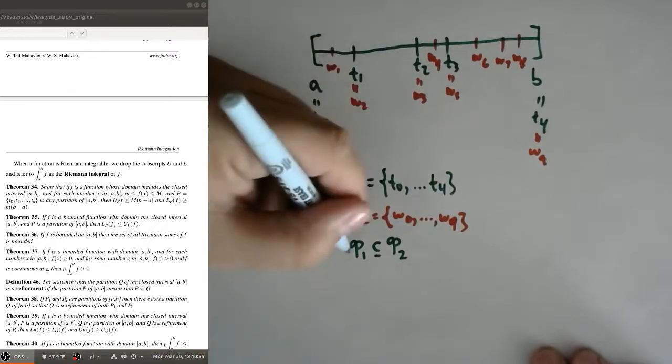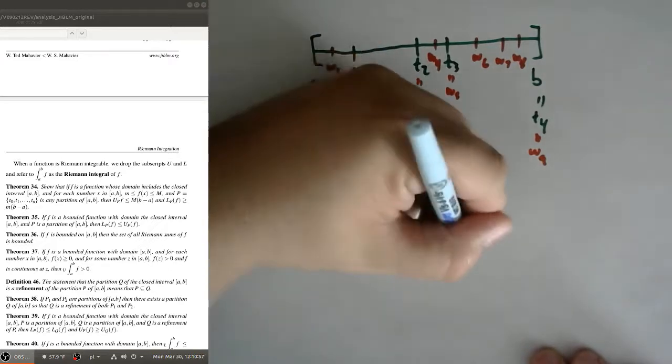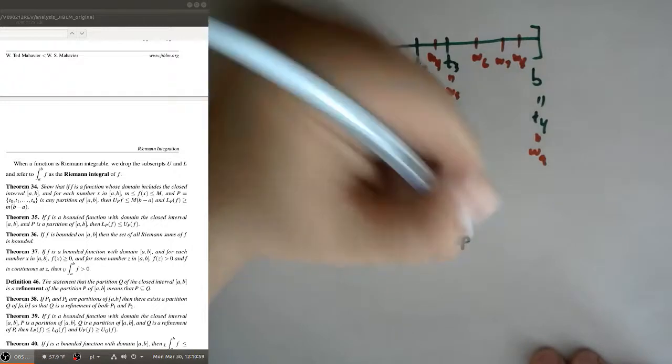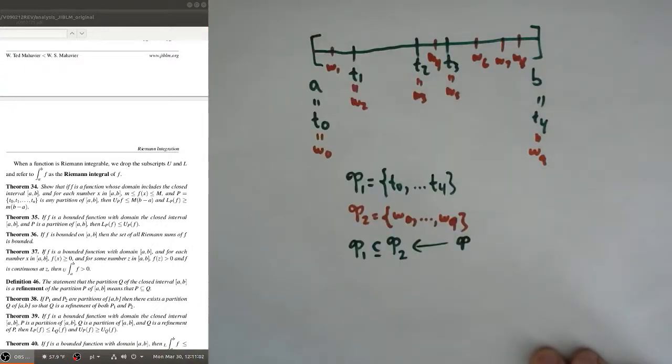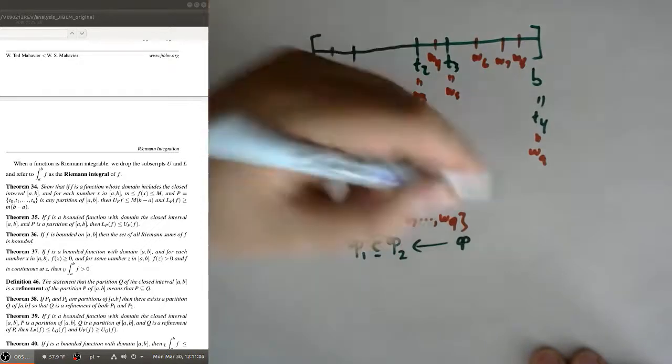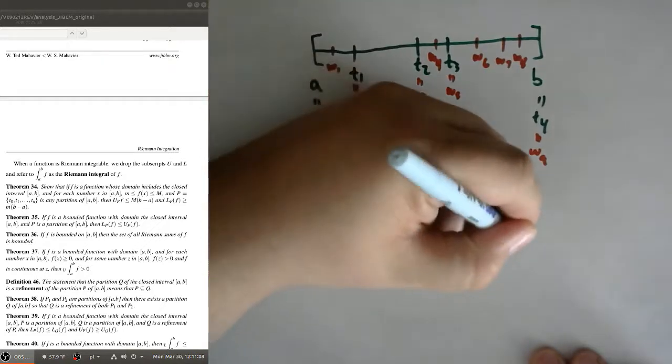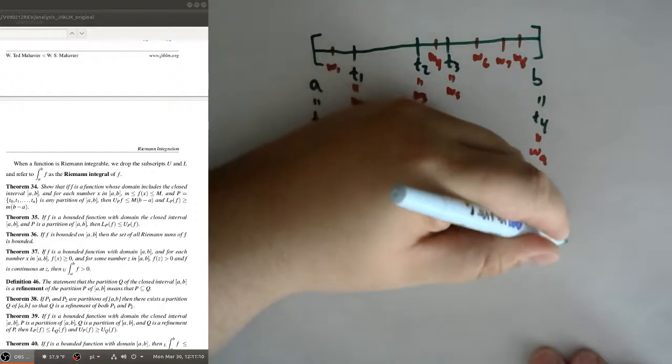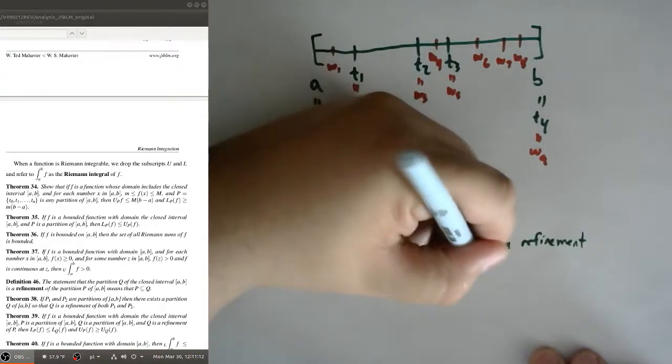So that's a subset. And in this case, which one's the refinement? It's the one with more points. So we say that P2 is a refinement of P1.